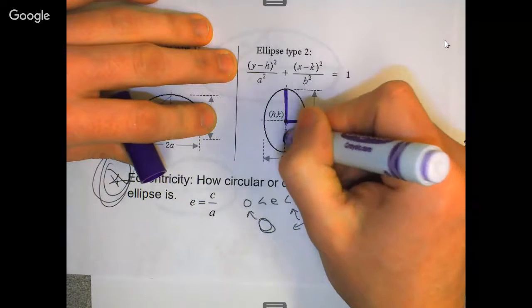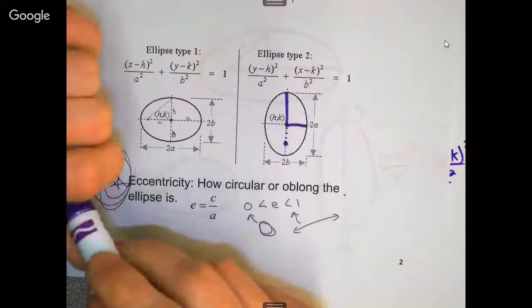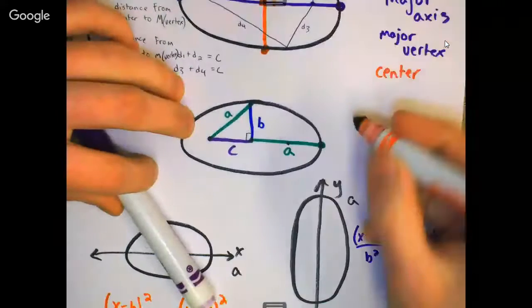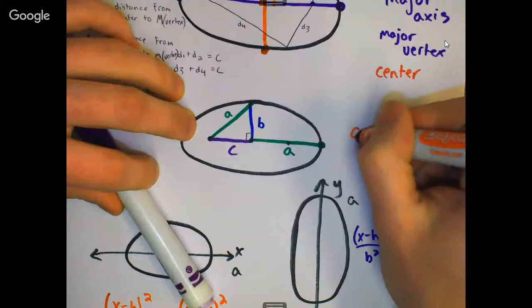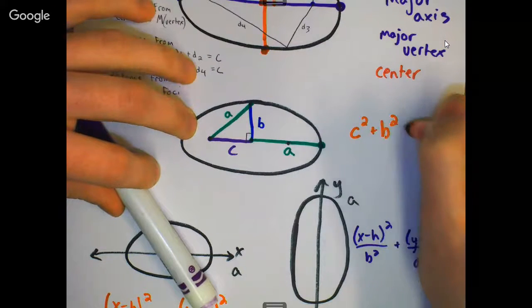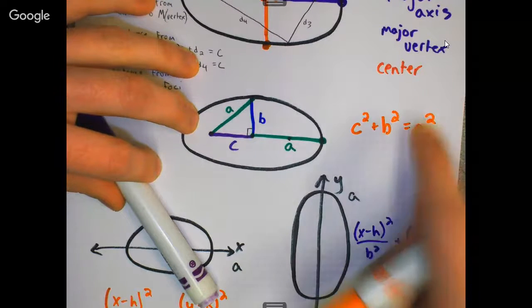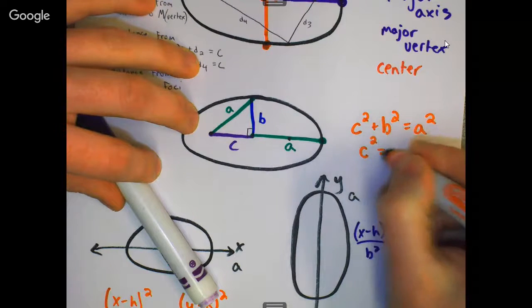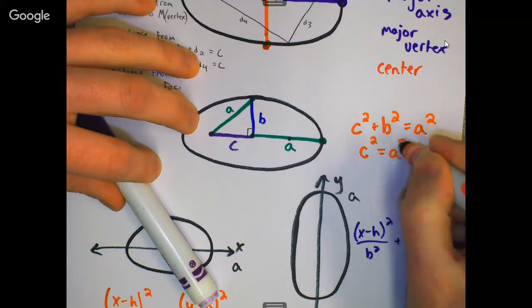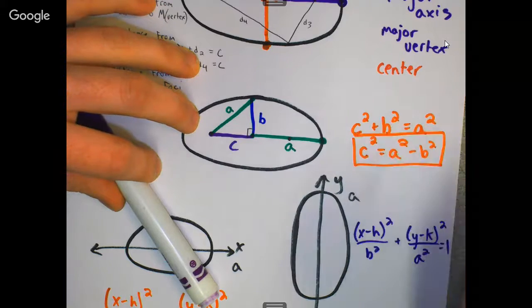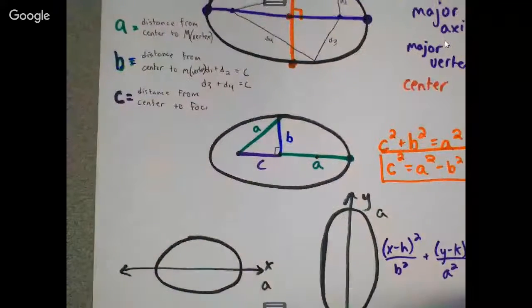So this distance right here. And we will find that using this principle right here: c squared plus b squared equals a squared. So a lot of times you'll have a and b. To find c, you are going to want a squared minus b squared, and then the square root of that. So this right here is going to be pretty important for you to know and to understand.